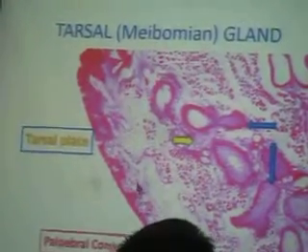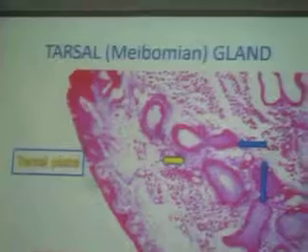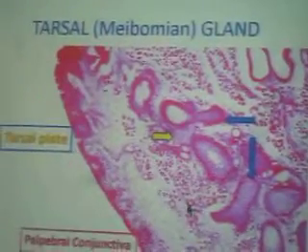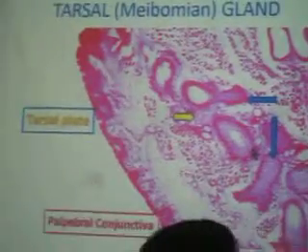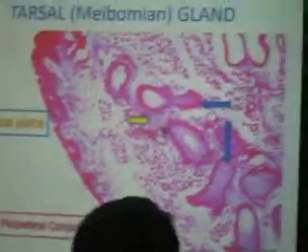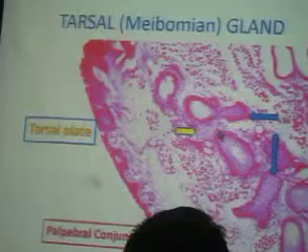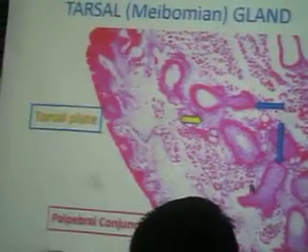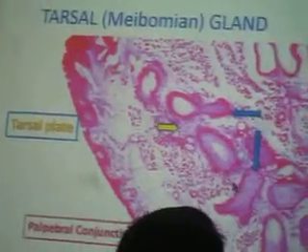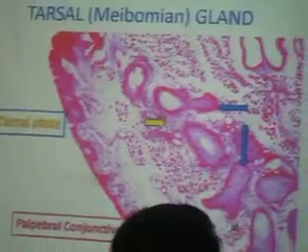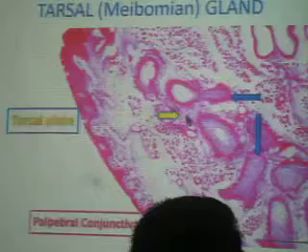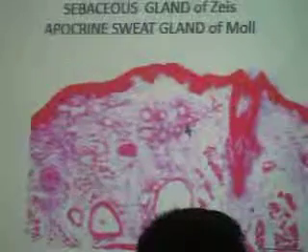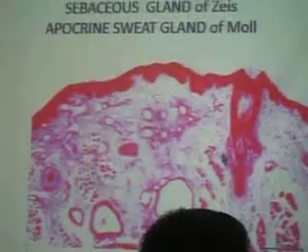At high magnification, again, you have the skin, the palpebral conjunctiva, and the large sebaceous gland as your tarsal gland or meibomian gland, and this will be embedded in your dense fibroelastic connective tissue that forms the supporting structure, kind of dense. In fact, it's just as if you have a cartilage in your eyelid, but it's more of dense connective tissue.